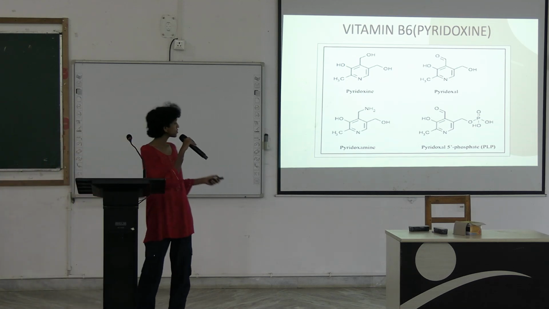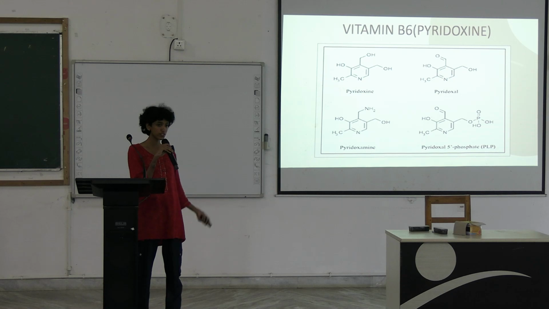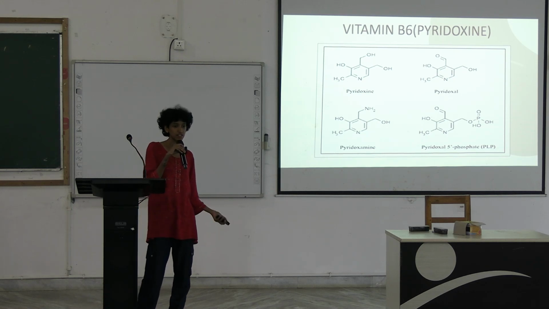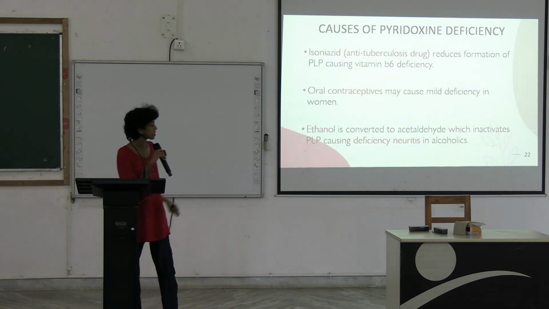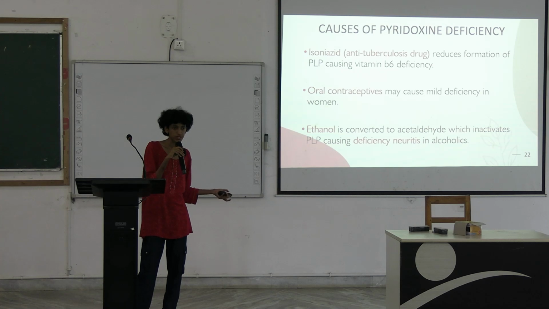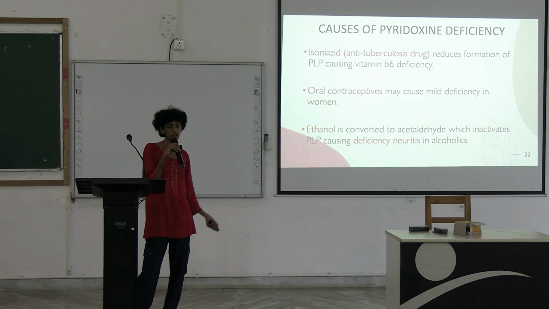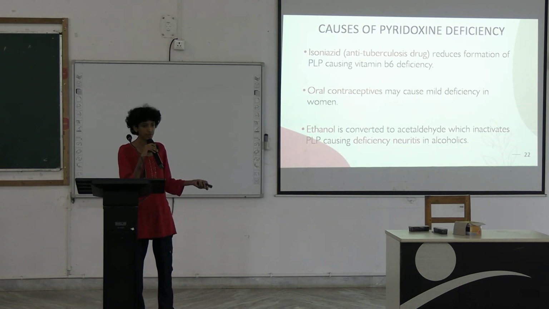So next we have vitamin B6. It is a water-soluble vitamin that can exist in many forms like pyridoxal and pyridoxine, which get converted into an active coenzyme inside the body, that is pyridoxal 5-phosphate. And then you have the causes of pyridoxine deficiency, which can include chronic alcoholism that interferes with the absorption of vitamin B6.